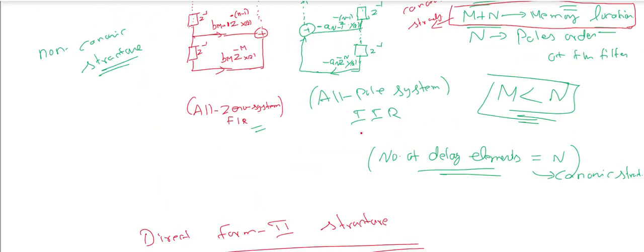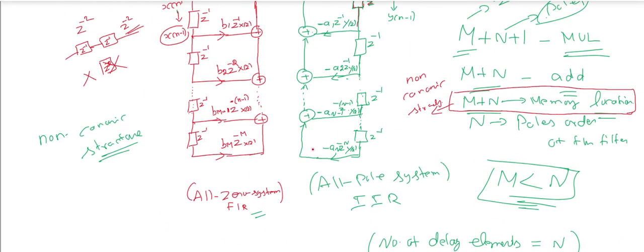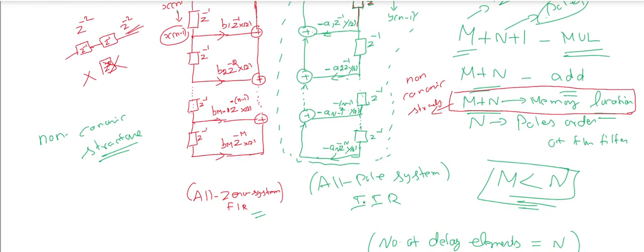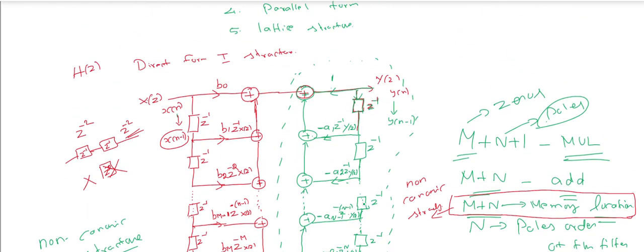Now you place this all pole system in front of the all zero system. Remember how the structure has adders on the left-hand side and delay elements in the center.